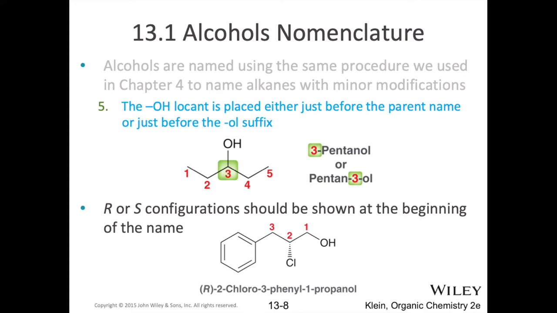In the case of stereochemistry, if you have a chiral center and you need to assign R or S configurations, you put that at the start of the name in parentheses. Again, we've seen this with other compounds, so this is still pretty straightforward compared to other nomenclature rules we've already seen in this course.